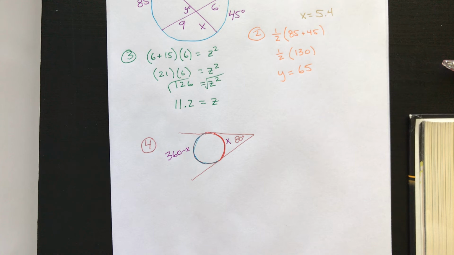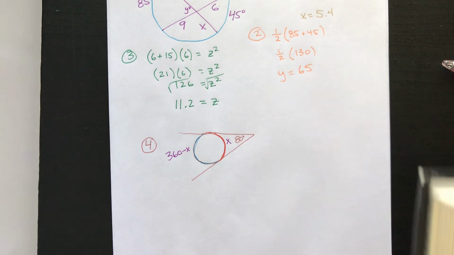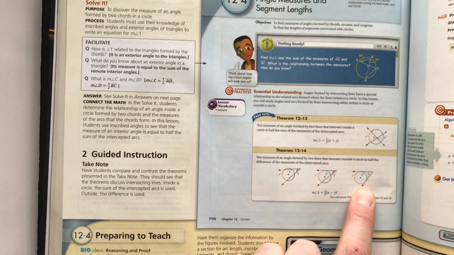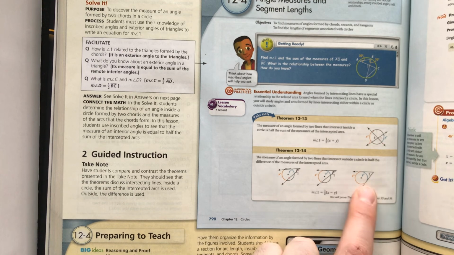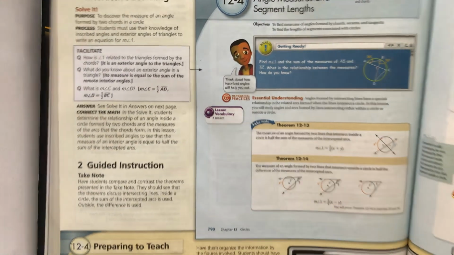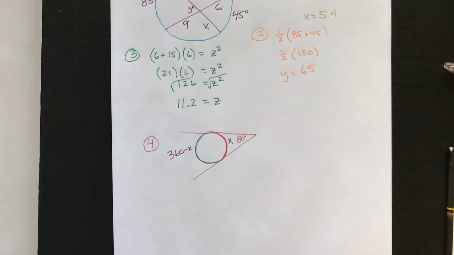Now let's take a look. We have angle measures and arc measurements. So the theorem that we should be using is this one. All right. Two tangents to a circle. So we take the larger arc minus the smaller arc, divide by 2, or multiply by 1/2.